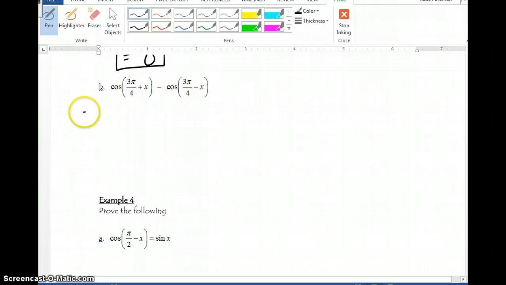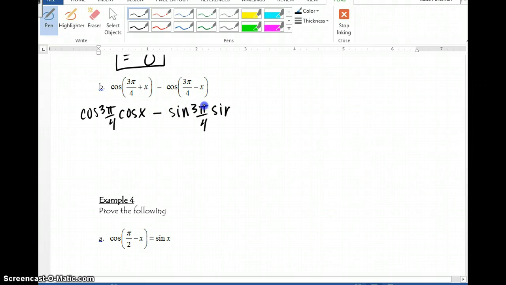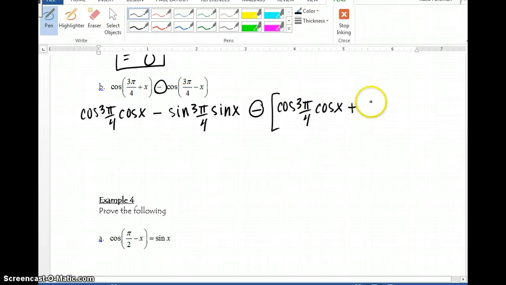Alright, using the same line of reasoning, cosine of the first angle measure, cosine of the second, switch the operation, sine of the first angle measure times the sine of the second. I'm subtracting both originals, so minus cosine of the first times the cosine of the second angle. Change the operation in the parentheses.